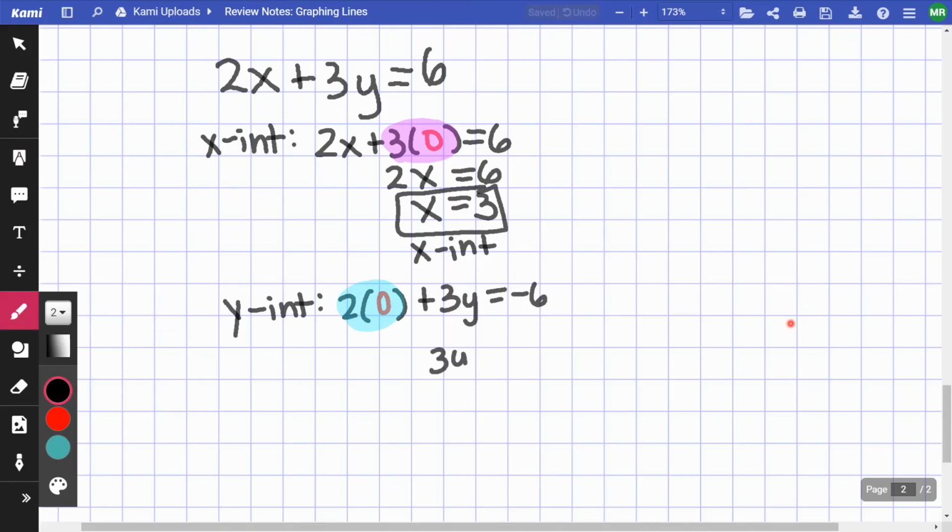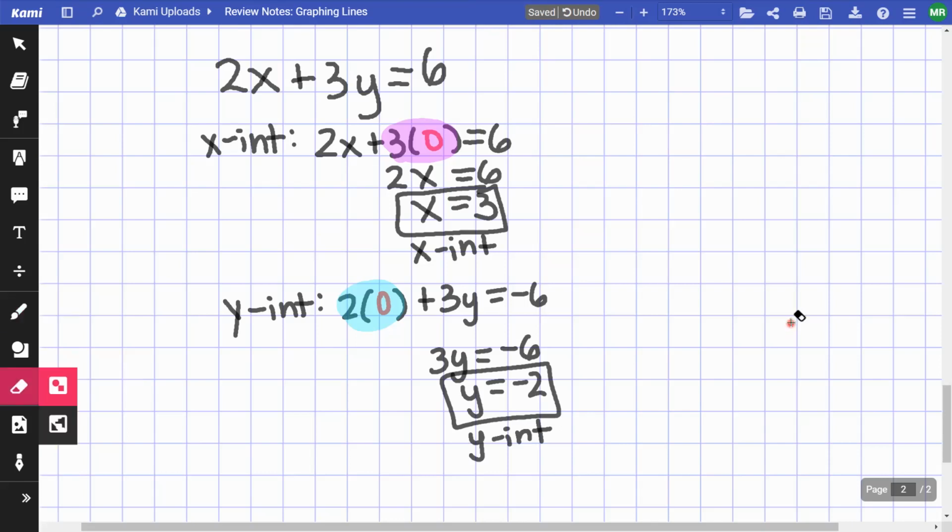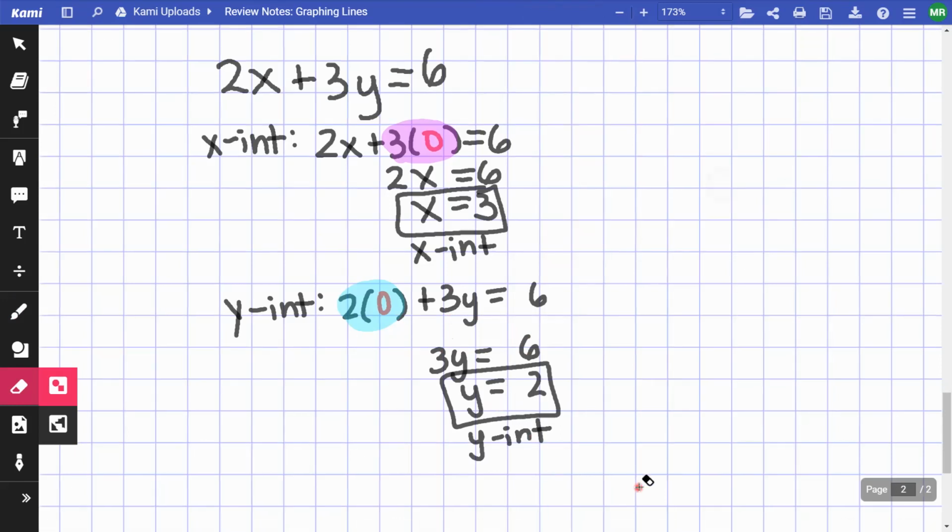I'm left with 3y is equal to 6. Oh, sorry, I said negative 6 earlier. I don't know why I put a negative. It was 2x plus 3y equals 6. So I have 2 times 0 plus 3y equals 6. So 3y is equal to 6. When I divide by 3, I get y is equal to 2, and that's going to be our y-intercept.